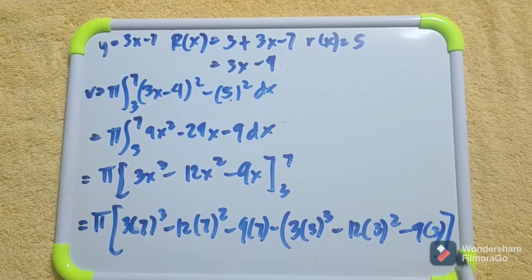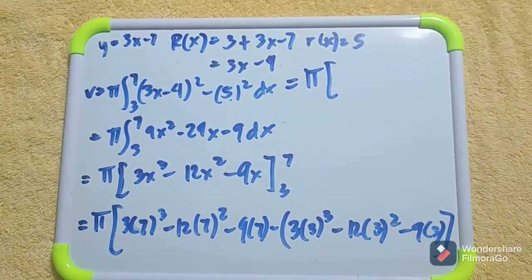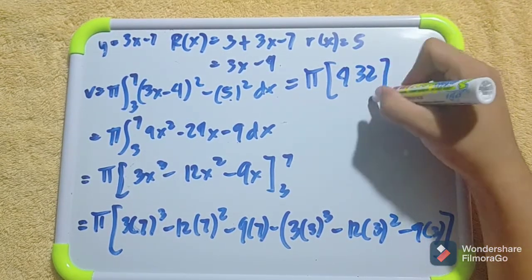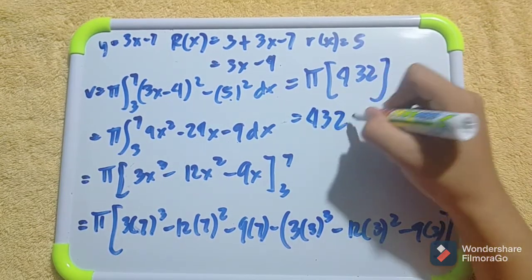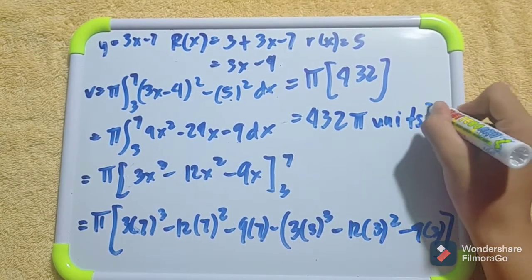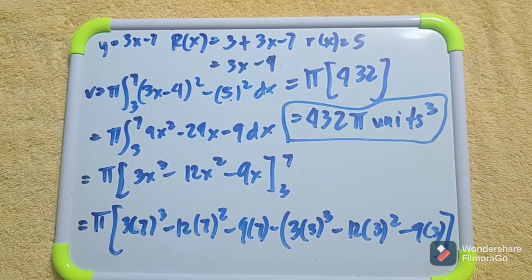And then, simplify na lang natin. So, pi times 432. So, ang sagot natin is 432 pi. Volume siya, so units cubed. So, ito na yung sagot natin sa ating third problem.